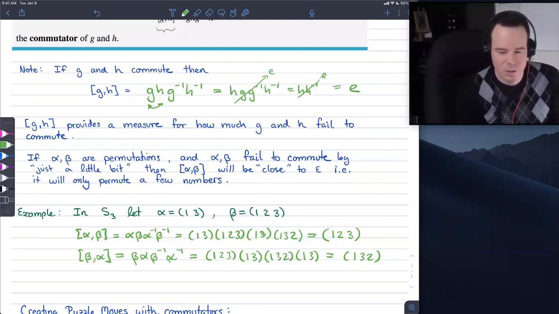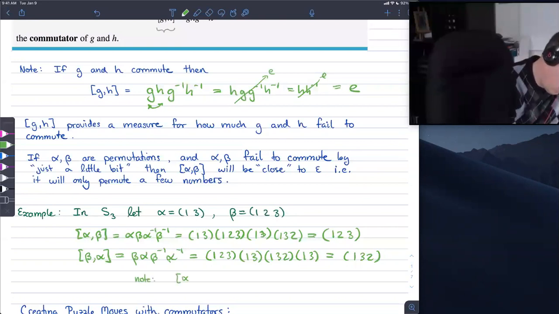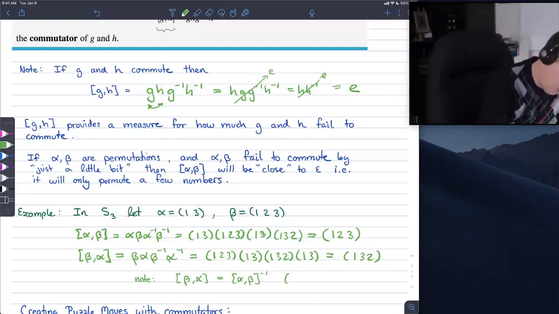And so that's a result that I think I have you proving on the next assignment, is to show that if you reverse the order in which you do the commutator, you actually just get the inverse. So we'll just note it here as an observation. We'll say the commutator of beta and alpha is the inverse of the commutator of alpha and beta. So that's an observation. You'll prove this on the next assignment.